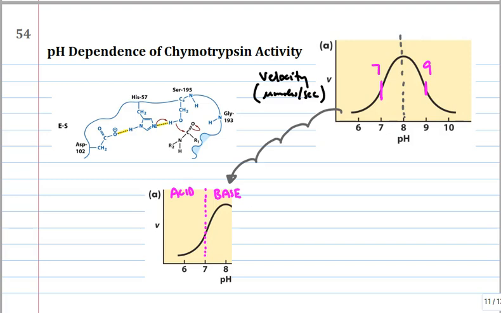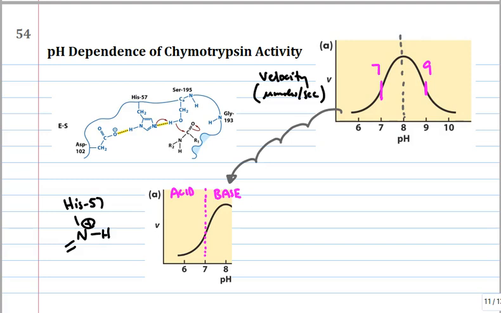Okay. So, which ionizable group is it? Well, I think based on the mechanism we talked about, I think it's histidine 57. Come on, right? So over here, histidine 57 is going to have this structure.